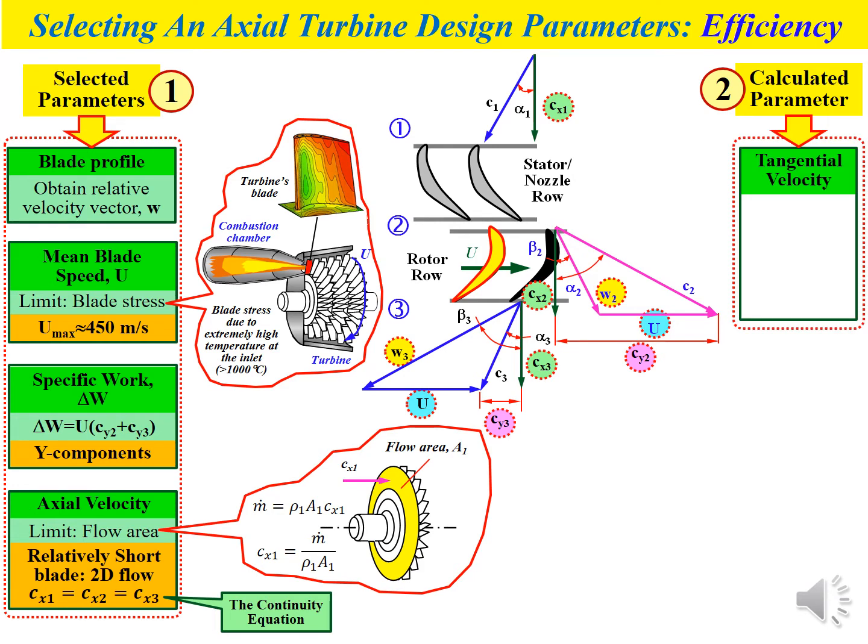The calculated parameter is the tangential velocity, referred to as the Cy value. For different values of Cy2, the velocity triangle can be constructed. The velocity triangle is actually the same as the velocity diagram.